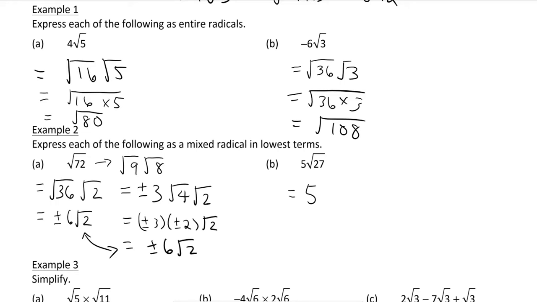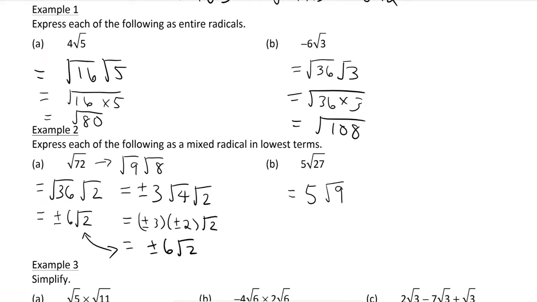Okay, so this 27 has to be broken into the multiplication of two values where one of them has to be a perfect square number. So think in your heads, what number multiplies to 27 and one of them has to be a perfect square number? Well, that will be root 9, right?